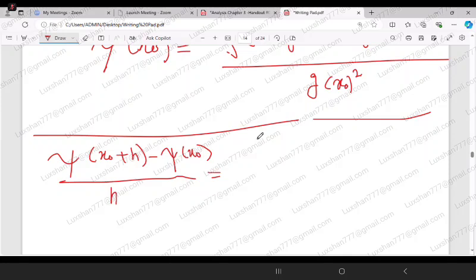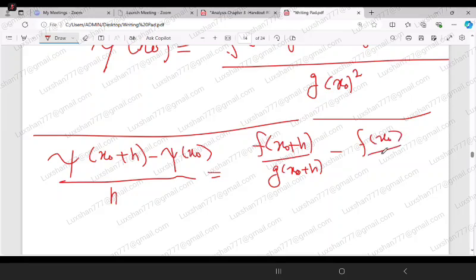This is equal to, according to the function definition, we have f of x naught plus h over g of x naught plus h minus f of x naught over g of x naught, over h.